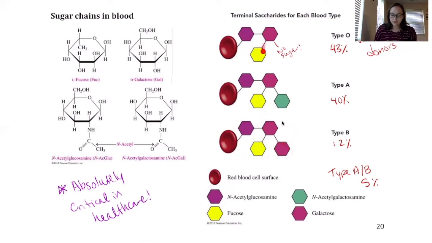When there's no sugar here, the body can still recognize that this blood cell is okay because it's not having an adverse interaction. However, changing just the pink to the green or the green to the pink, or even having a mix of them, makes it so that your body sees that as a foreign invader and attacks it because it can't be used in your system.